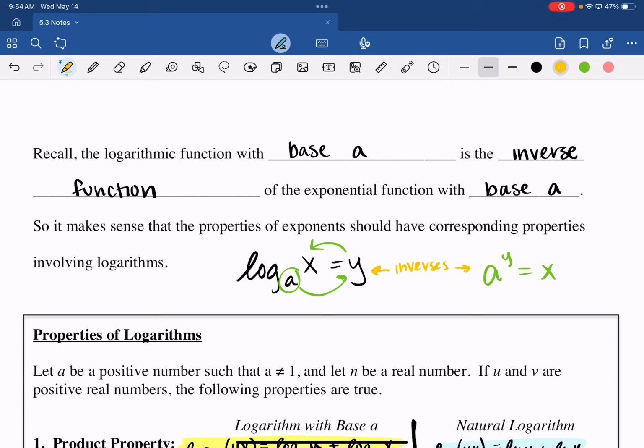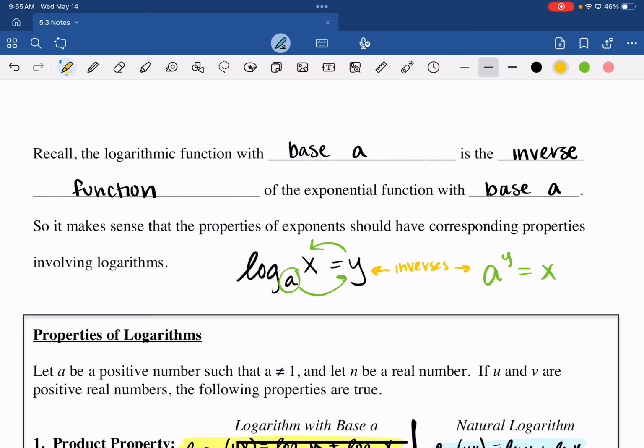Okay? That's all that's saying, is that these two things are inverses of each other. Again, those of you who missed yesterday, this is what we spent a lot of time on yesterday. So that's in our video. You might want to go watch that. In fact, you should go watch that.